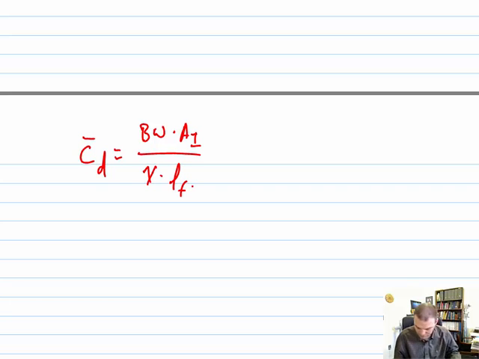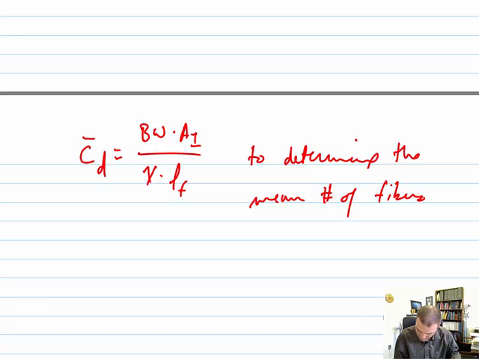C bar sub D is a way for us to determine the mean number of fibers in an inspection area.